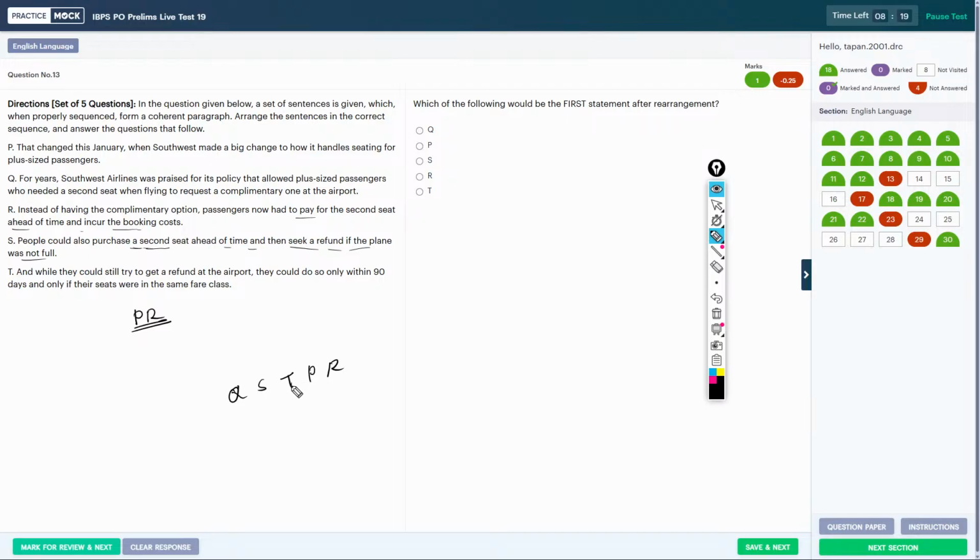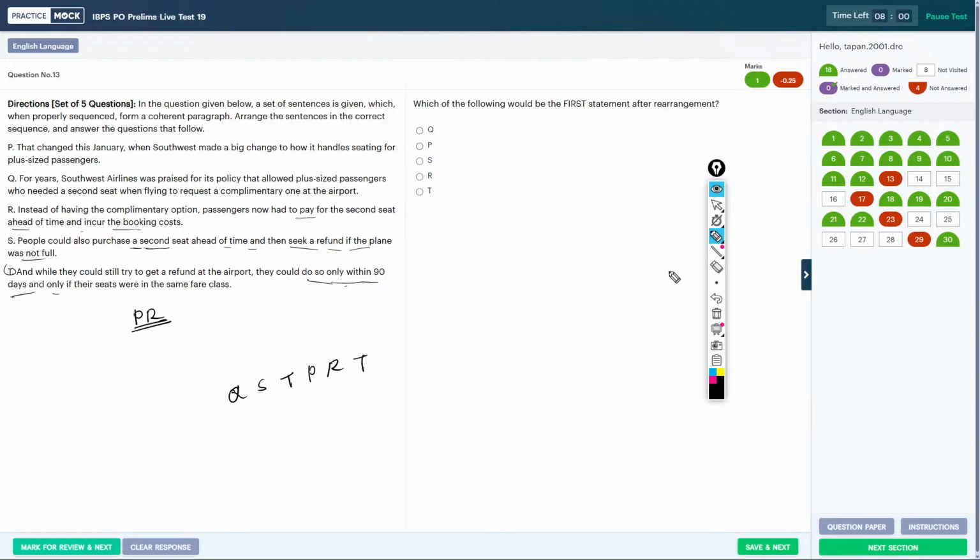But now something has changed and they have to pay in full.